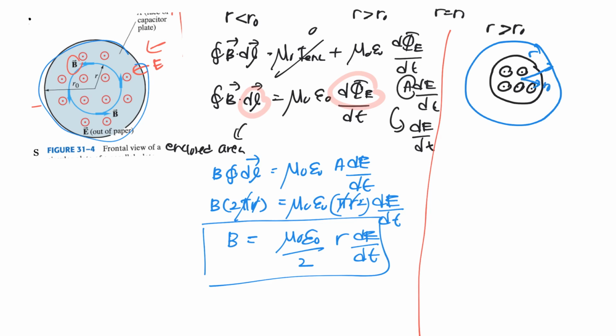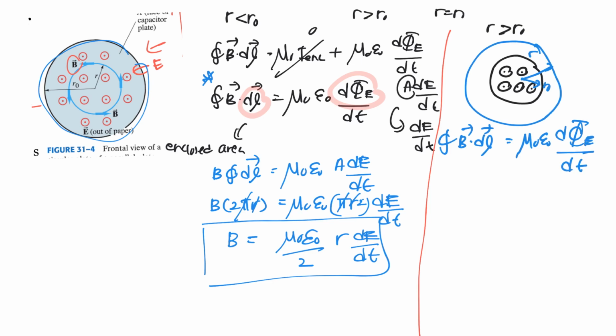We are going to use this formula, and the I enclosed is still 0 because there's no current enclosed inside the closed area. So we are going to get the integral of B dot dl equals mu naught epsilon naught d flux E over dt.